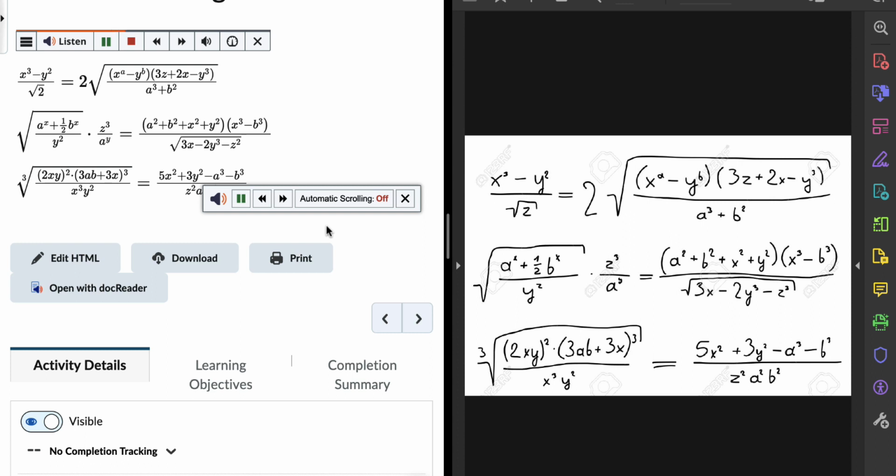Dot operator, fraction z cubed divided by a to the power of y equals fraction, parenthesis, a squared plus b squared plus x squared plus y squared, and parenthesis, x cubed minus b cubed, and parenthesis, divided by square root of 3x minus 2y cubed minus z squared. Cube root of... Okay, we're going to stop there. I think mostly I followed. It did say something about dot operator here, which I know has been kind of an issue.